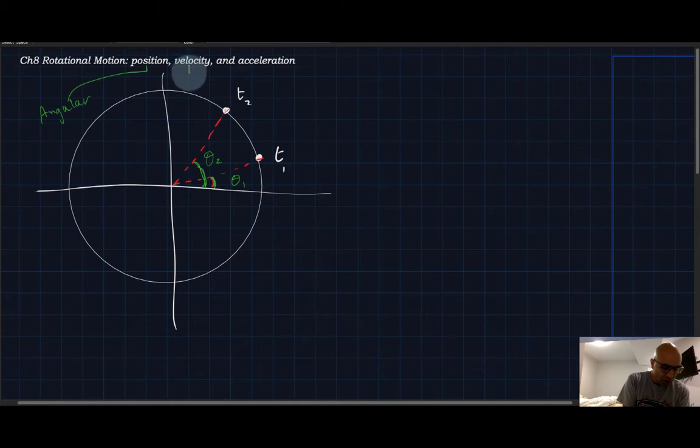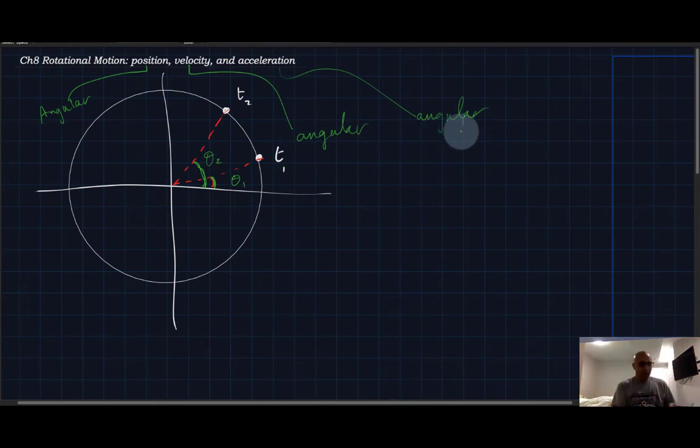We're not going to talk about velocity, we're going to talk about angular velocity, and here is the angular acceleration. I made this title on purpose so that you can try to relate. Everything is the same, but we're talking about circular motion now.